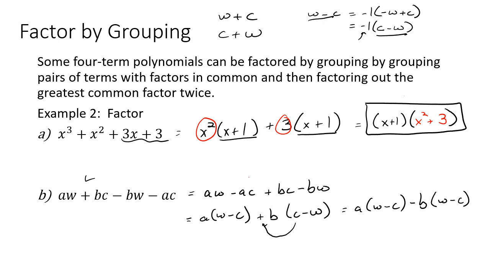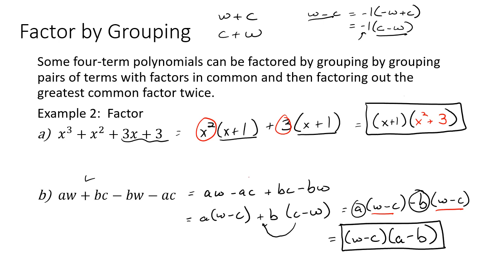And so now we meet the conditions for the second step. We've got a W minus C in common. So if we pull that out, we're left with the A from the first term and the minus B from the second.